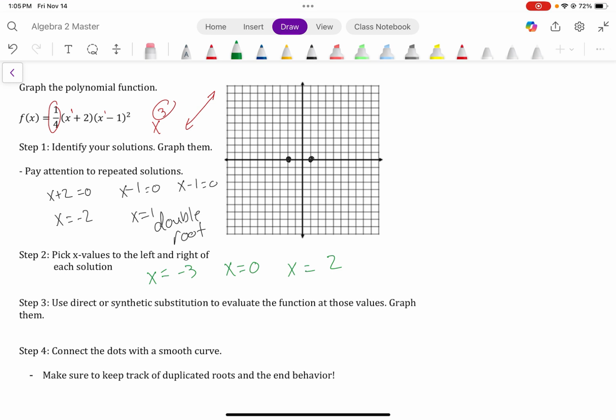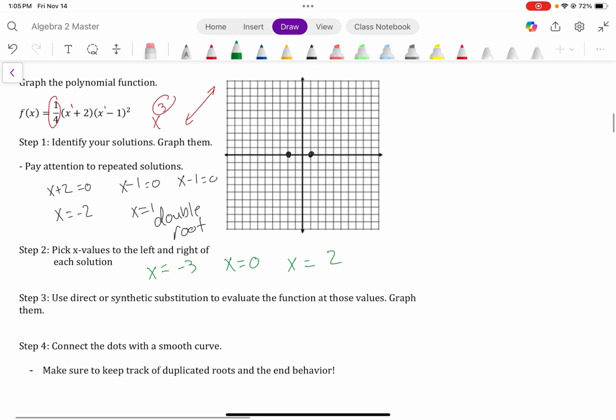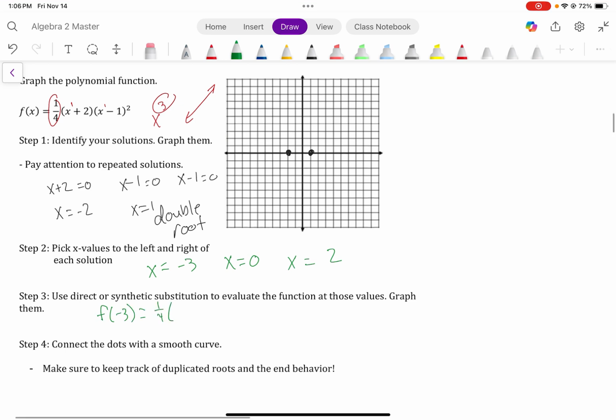In step 3, we can use synthetic or direct substitution to figure these things out. But if I use negative 3, for example, synthetic substitution is not a great choice for me right now because I don't know all my coefficients. I would have to multiply it out. I don't really want to do that. So I'm going to do f of negative 3 the direct substitution way. So negative 3 plus 2 times negative 3 minus 1.